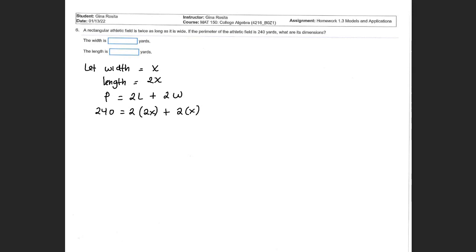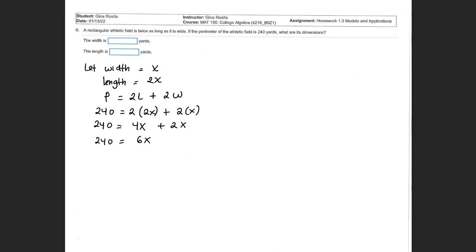Now we solve it. 240 equals 2 times 2 is 4, times x is 4x, plus 2x. 4x plus 2x are like terms, so the answer becomes 240 equals 4 plus 2 is 6x. Our goal is to find x.